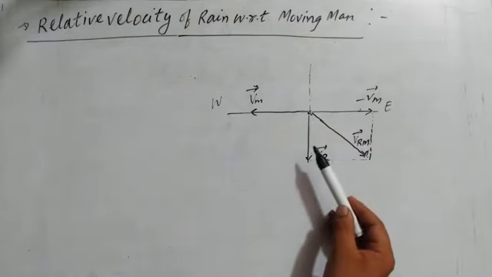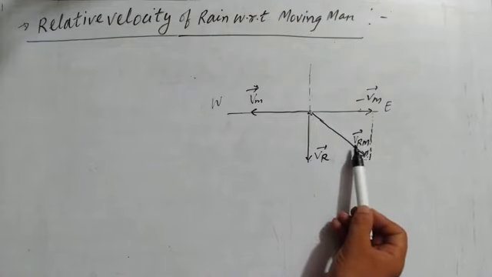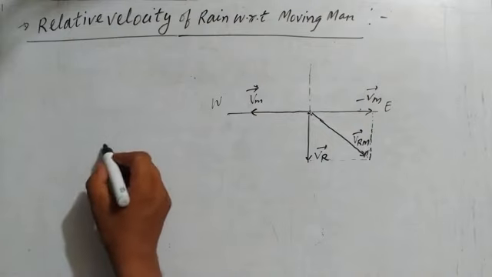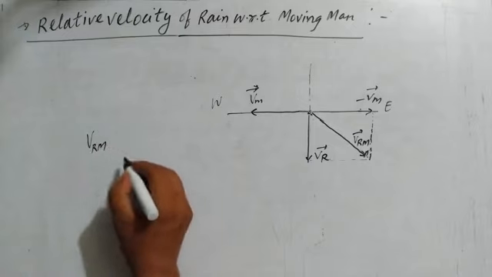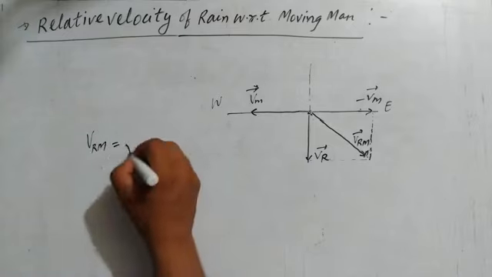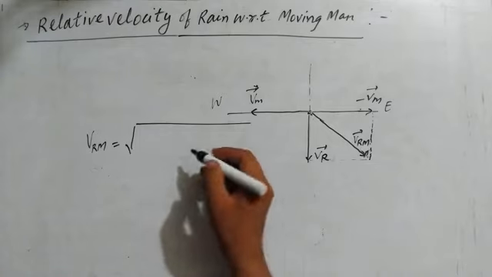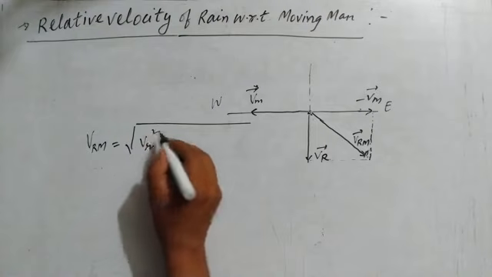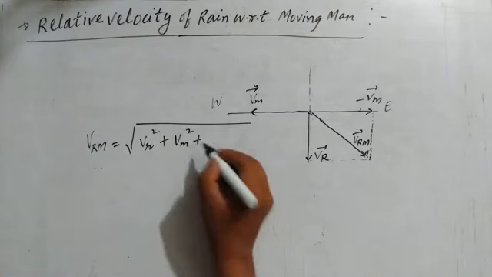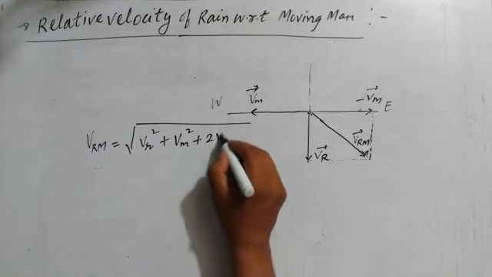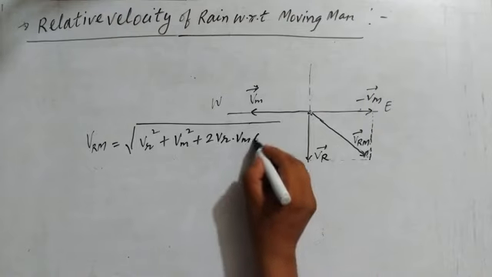Hence, for finding the magnitude of this resultant velocity, we will use the parallelogram law of vector addition, and by this we know Vrm, the resultant, is equal to under the root Vr square plus Vm square plus 2 Vr into Vm into cos of the angle.